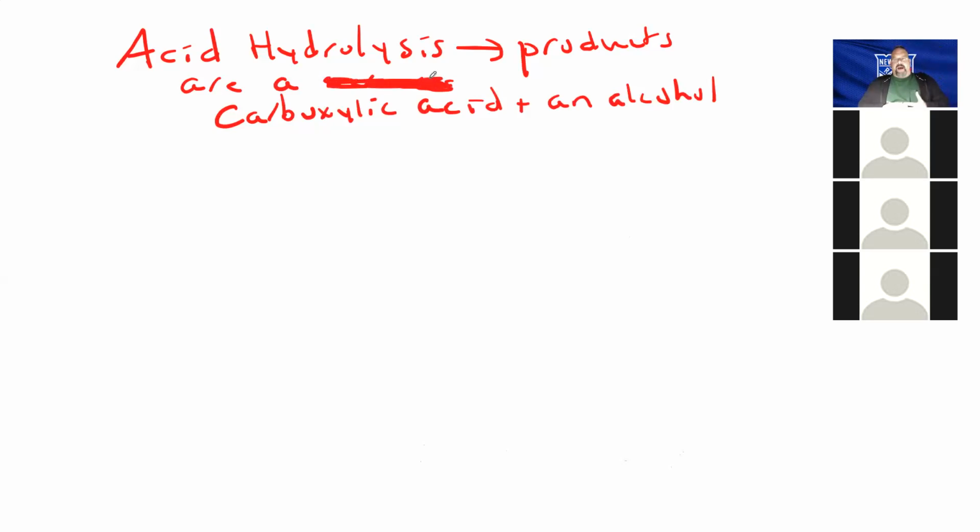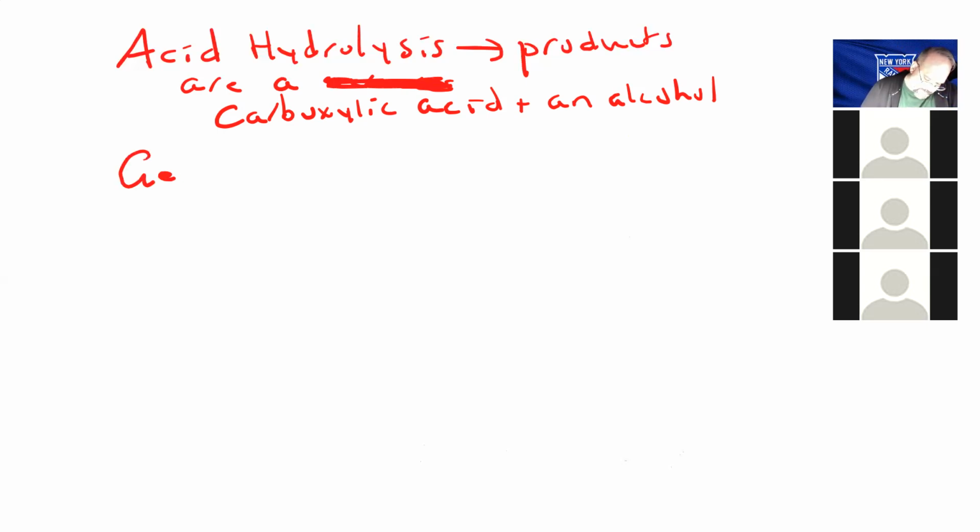So if you think about it, what is that the opposite of? Essentially, it's the opposite of esterification. In esterification, we take a carboxylic acid and an alcohol, and we make it into an ester. In acid hydrolysis, we split apart the ester into a carboxylic acid and an alcohol.